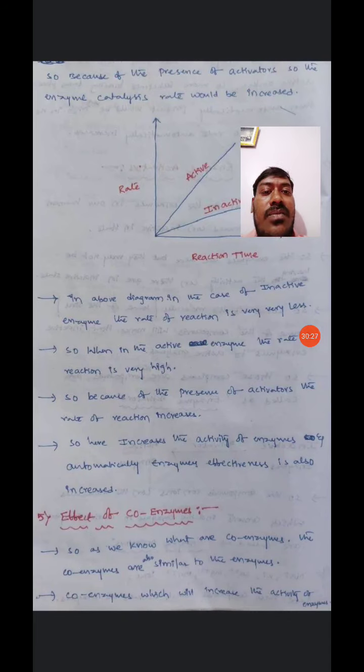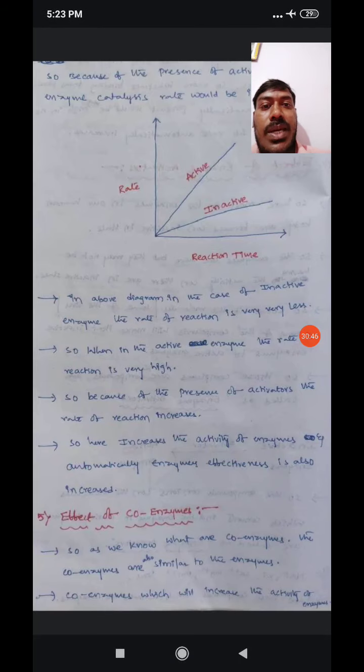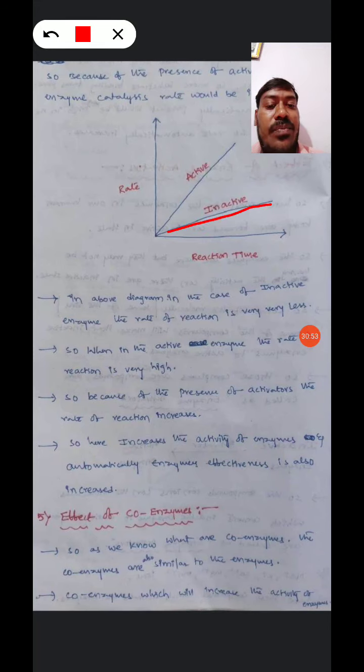Because of the presence of activators, the enzyme catalysis rate is increased. In this diagram, in the case of inactive enzyme, the rate of reaction is very less.